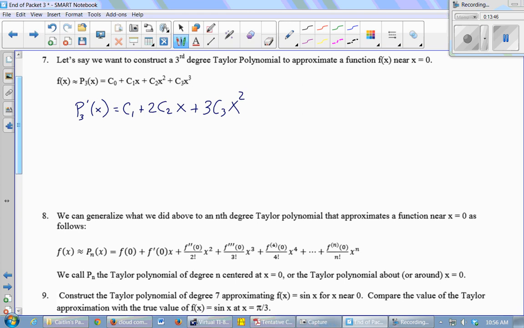So I'm using c0, c1, c2, and c3 as my unknowns instead of a, b, c, and d. So I took my first derivative, and my second derivative would be 2c2 plus 6c3x, and my third derivative would be 6c3.